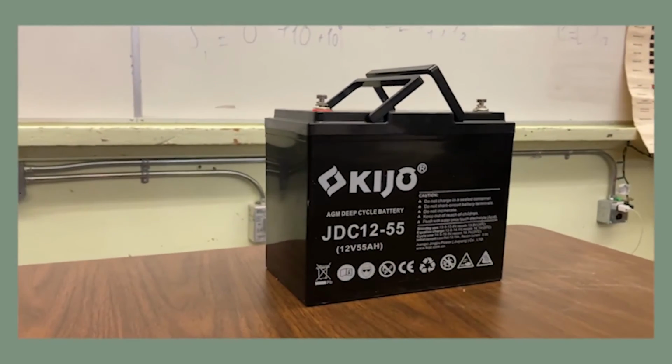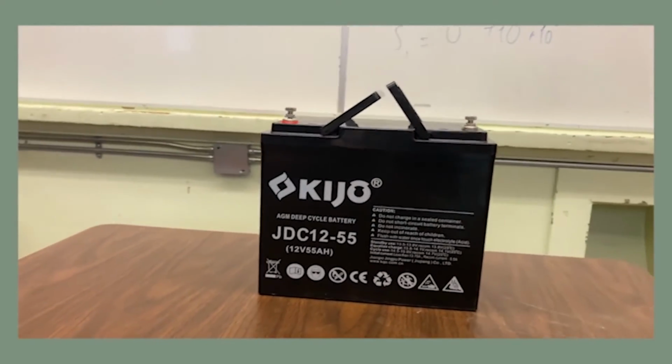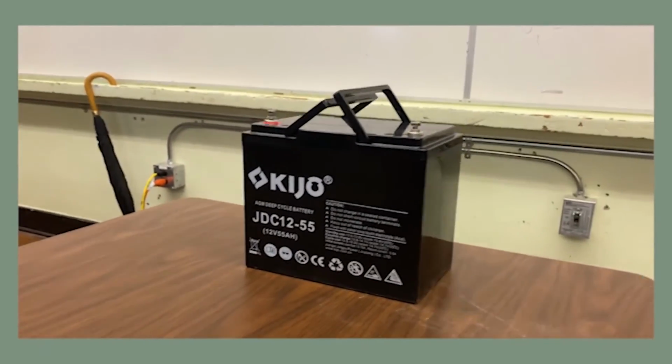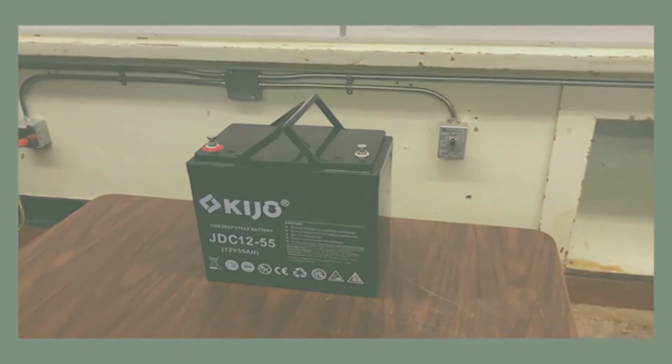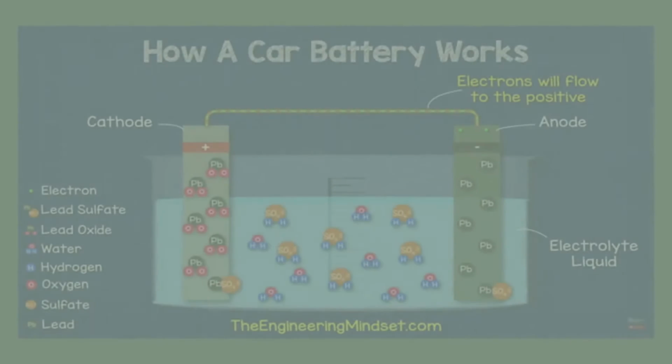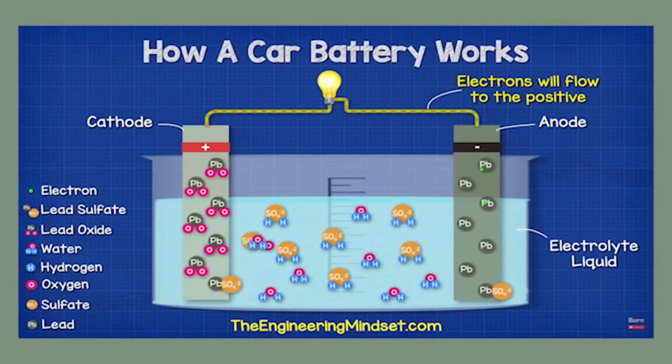After the MPPT outputs energy, we must store the solar energy for later use in the form of chemical energy using a battery. Explaining why we store the energy is easy, but answering how is more difficult. In order to understand how to charge a battery, we must first learn how batteries, specifically lead-acid batteries, discharge energy.